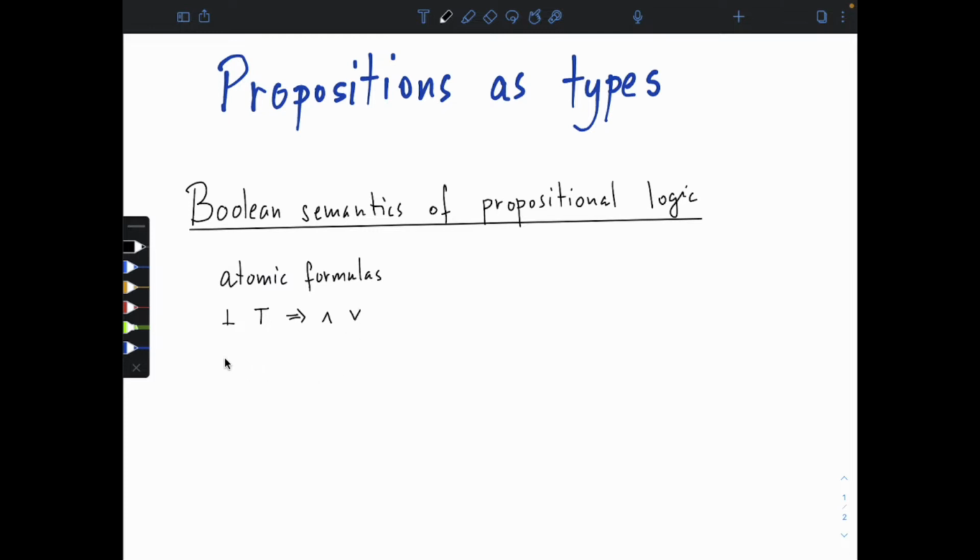And if we excluded middle, once we did that, this is called the classical propositional calculus, the classical logic.